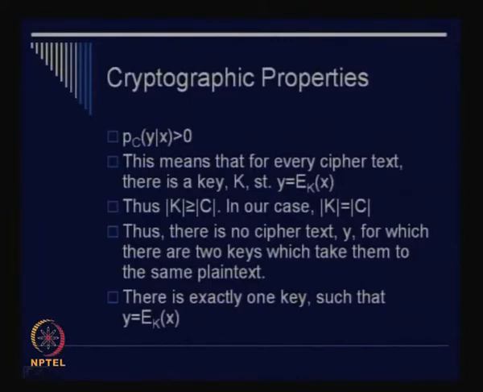So there are no two keys k1 and k2, where k1 is not equal to k2, such that e_k1(x) is equal to e_k2(x), because if that were the case, then the size of the ciphertext set would have been less than that of the key set. But what we have said is the size of the ciphertext set is equal to the size of the key set, right?